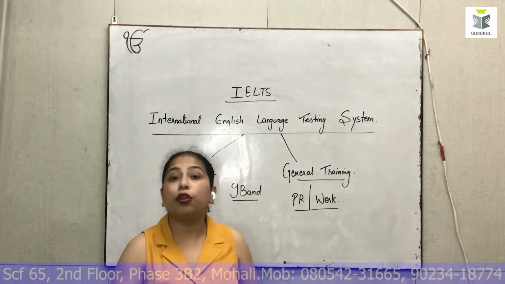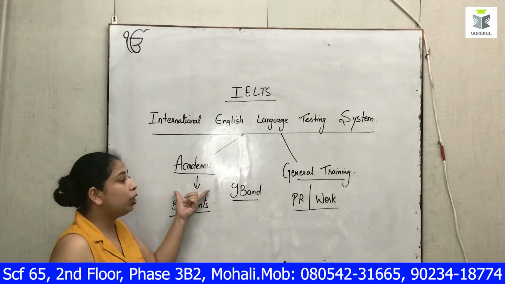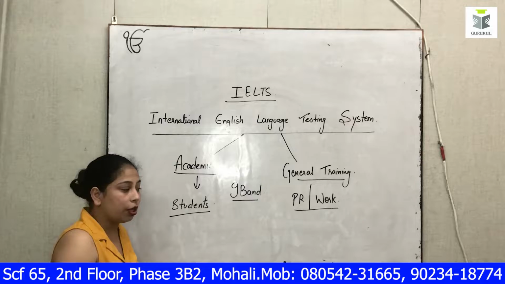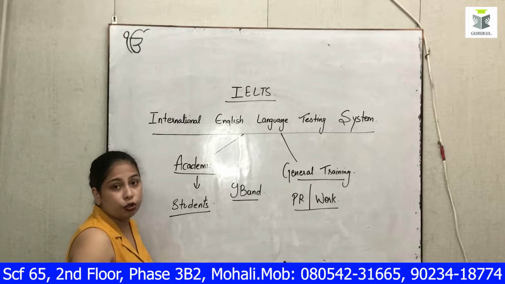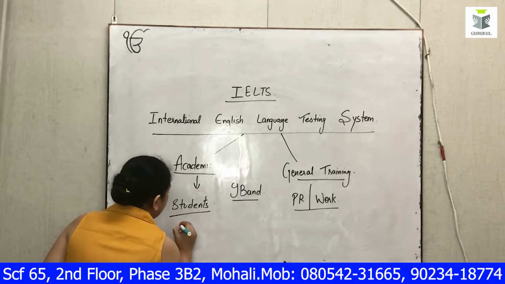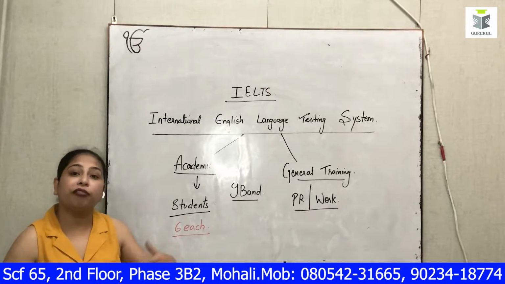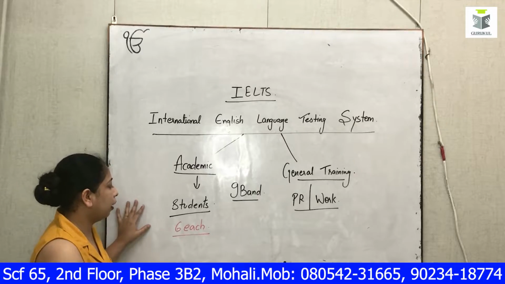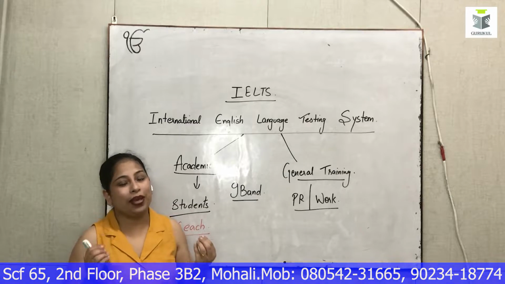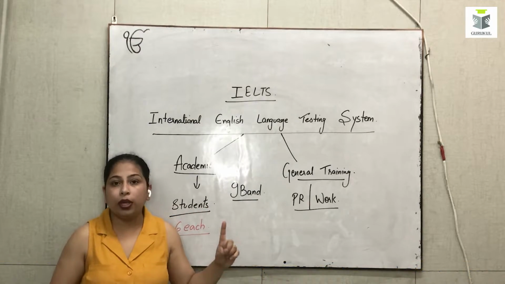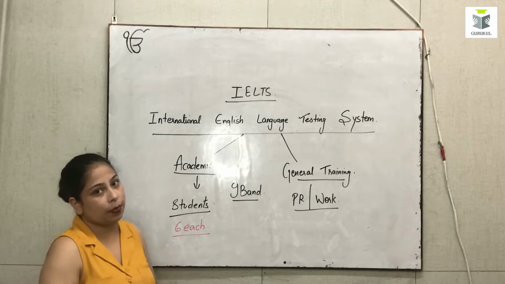If you're a student and want to migrate overseas for study, then you need to sit for Academic, and the minimum requirement which good colleges and universities usually demand, after your +2, is at least 6 each. That means there are 4 different modules, which I will discuss further in the class. Yes, you have 4 basic modules in IELTS: reading, writing, listening and speaking. And for each module, you should score a minimum of 6 bands.